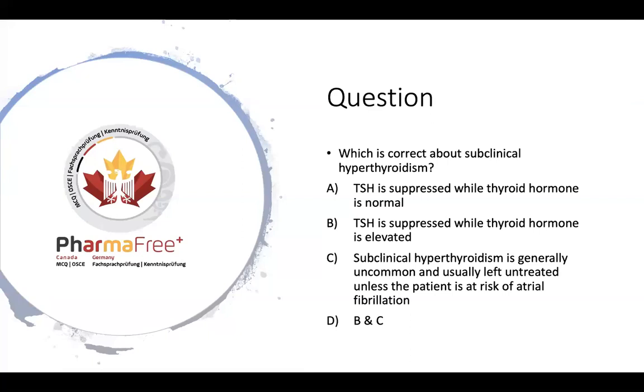I don't think so. I don't know. Actually, no. But even in secondary hyperthyroidism or thyroid dysfunction, if there is a problem with the hypothalamus or pituitary gland, I think the TSH should be affected as well.